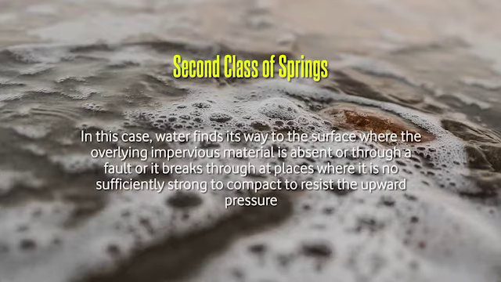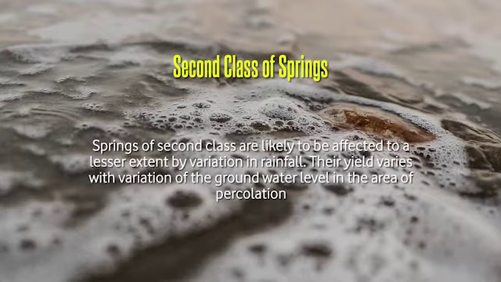In this case, water finds its way to the surface where the overlying impervious material is absent or through a fault, or it breaks through it at places where it is not sufficiently strong or compact to resist the upward pressure. Springs of the second class are likely to be affected to a lesser extent by variation in rainfall. Their yield varies with variation of the groundwater level in the area of percolation.